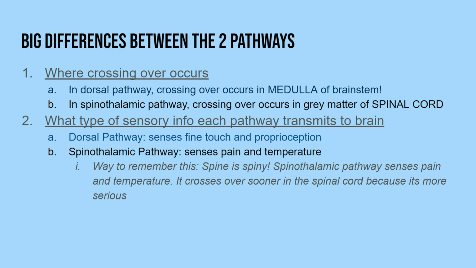So this is what we just talked about, the big difference between the 2 pathways: where crossing over occurs, and what type of sensory information each pathway is receiving. So the dorsal pathway, again, is sensing fine touch and proprioception, where the spinothalamic pathway is sensing pain and temperature. And then I just have a little note that the spine is spiny, so it senses pain and temperature.